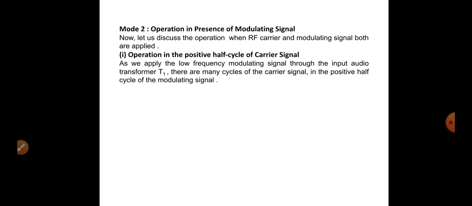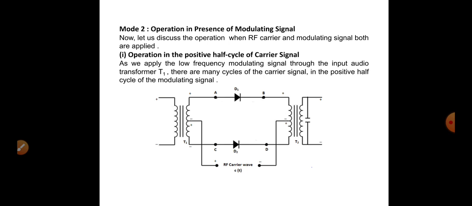First, again the positive half cycle of the carrier signal. As both the modulating signal and the carrier are applied, we have the input at the primary of T1 also.